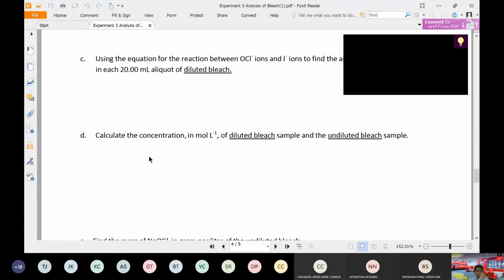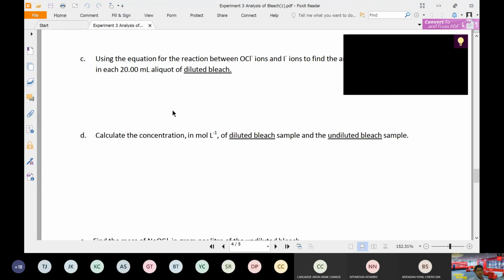From there we know how much hypochlorite ion is in the 20 milliliter sample. Ultimately, this is what we want to know. Calculate the concentration in moles per liter of the diluted bleach sample and the undiluted bleach sample.